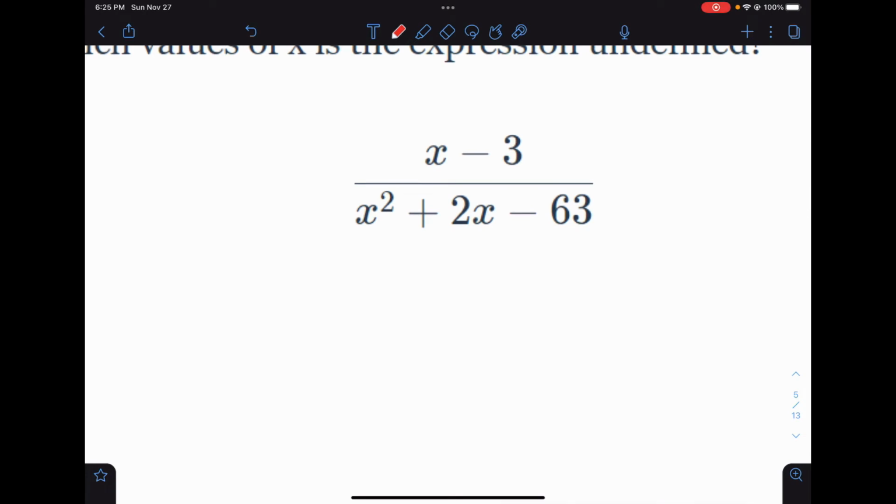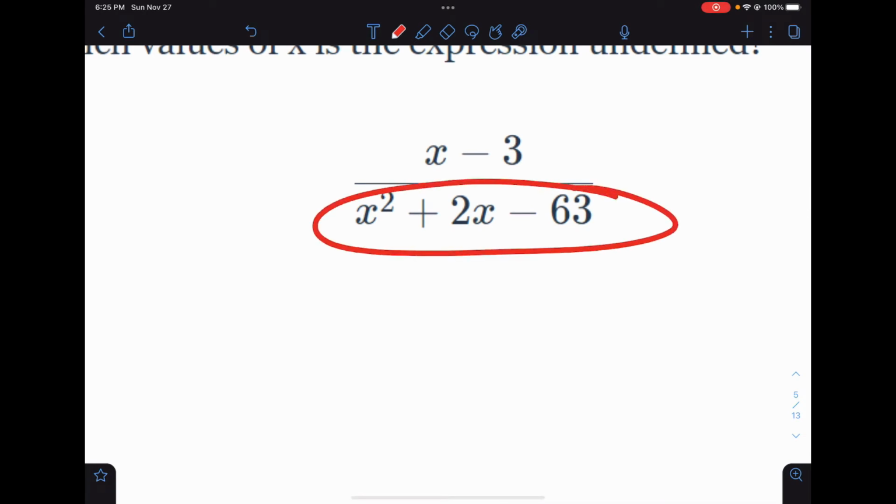Here we can do the same thing. Again, we take the denominator, set it equal to 0, and figure out what multiplies to this and adds to this. Always look for a GCF. In this case, we don't have one. So we're going to do x plus 9 and x minus 7.